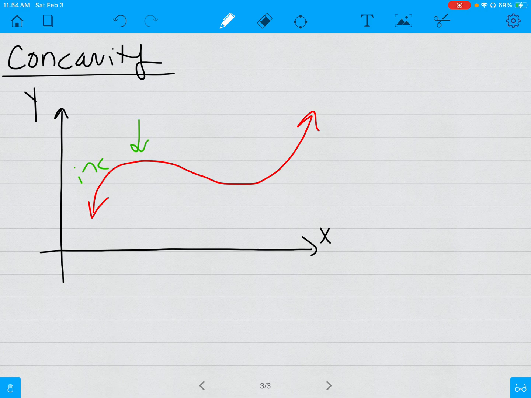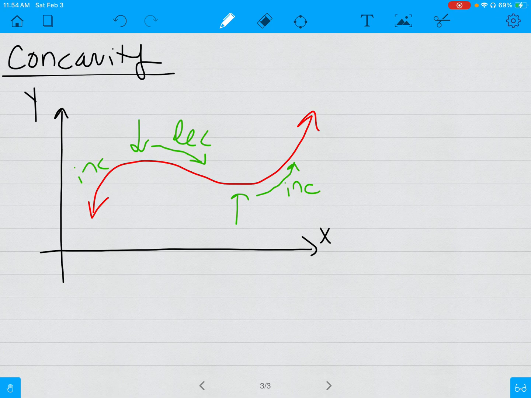When we get to the top of the hill, it stops increasing, right, and starts curving downward, decreasing. The y values are falling as we go into that valley. Once we hit the low point of the valley and start coming back out again, the function starts increasing again.